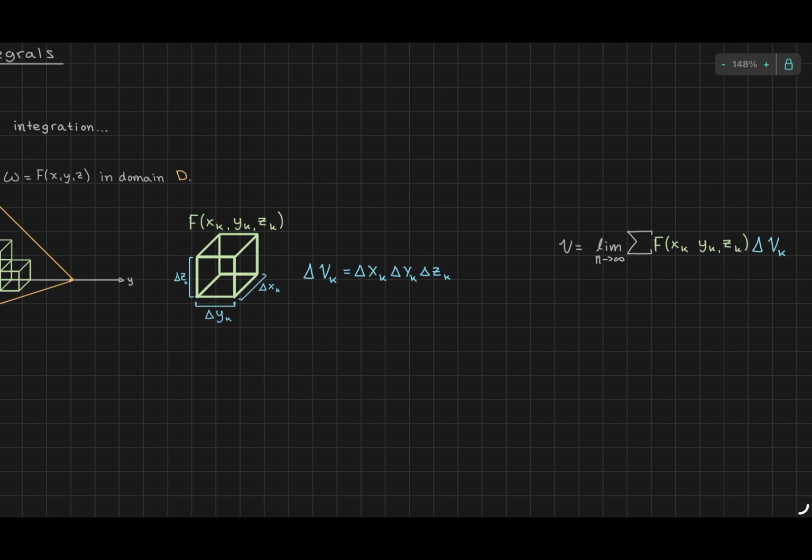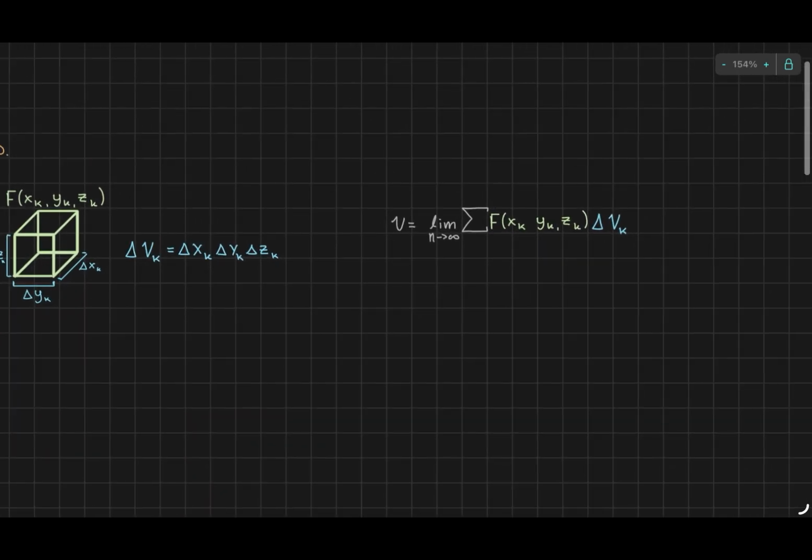And summing all that together, how are we going to do this? Well, our volume is going to be the sum of all of these cubes multiplied by that change in volume, right? And if we take a limit as each of these cubes gets infinitely smaller, that's going to be our integral definition.